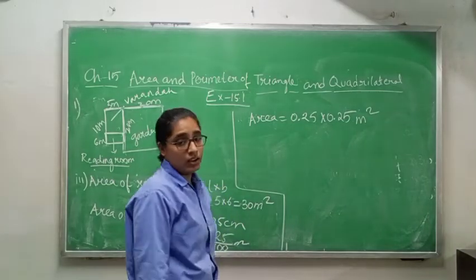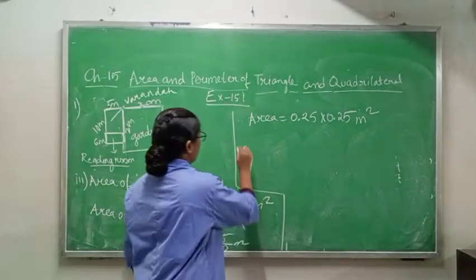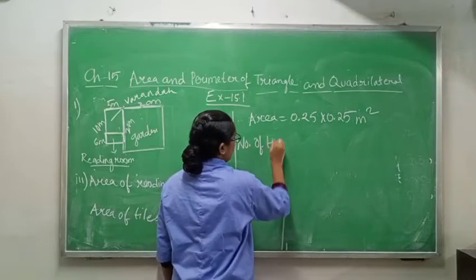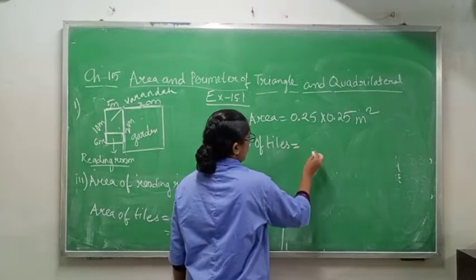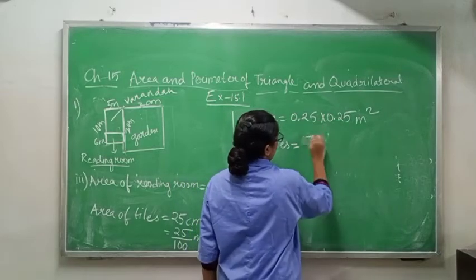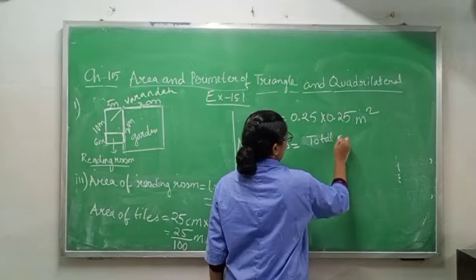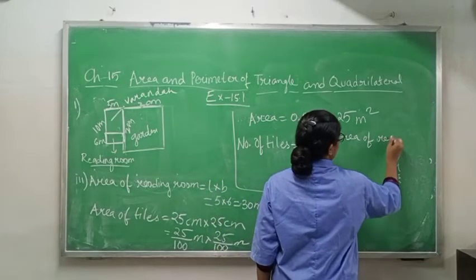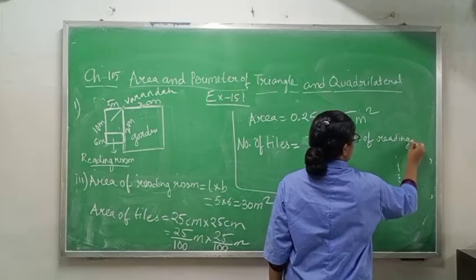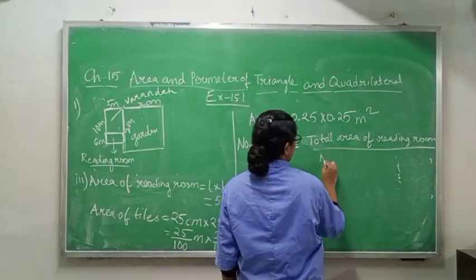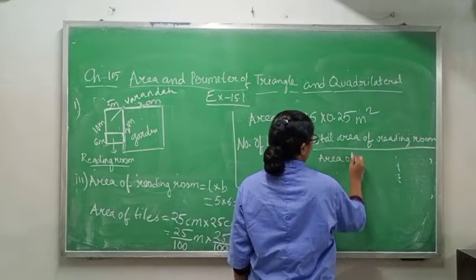Now they are asking the number of tiles. So for number of tiles, formula is total area of reading room by area of tiles.